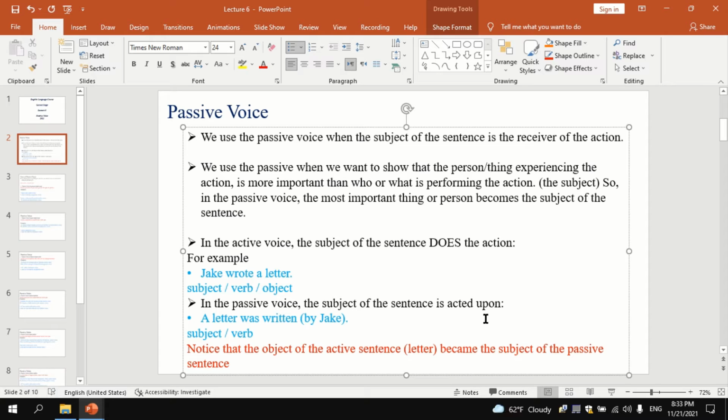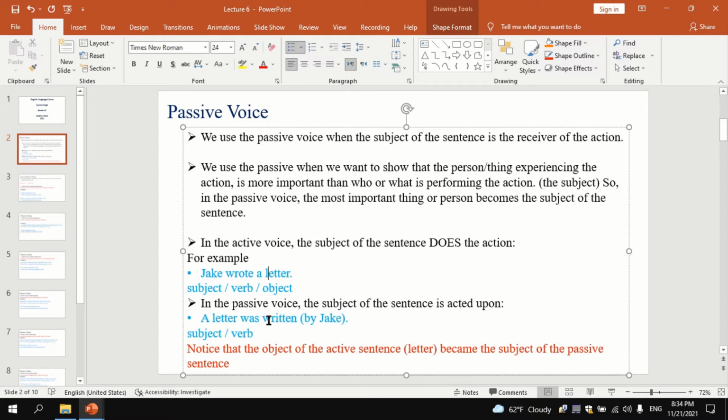What do we have to do? The object will be the subject. A letter was written by Jake. Subject, verb. Note that the object of the sentence, letter, became the subject of the passive sentence.